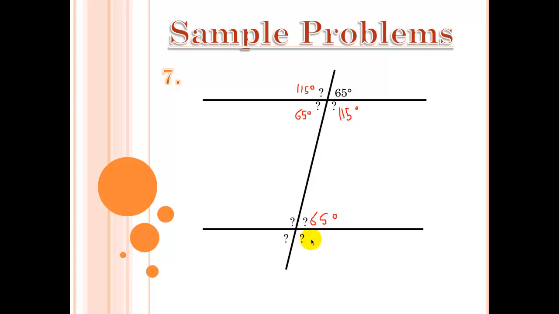And now, for this angle, we can do the supplementary angle theory, but we'll use the corresponding theory, which is the F pattern. So since we're using the corresponding angle theory, this angle will equal this angle, so 115 degrees.